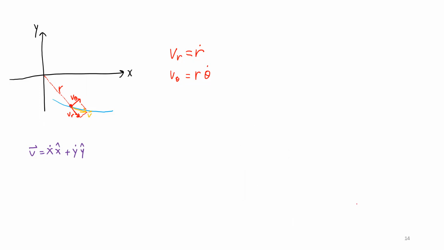So in the polar coordinate system, v is given by r dot r hat plus r theta dot theta hat.